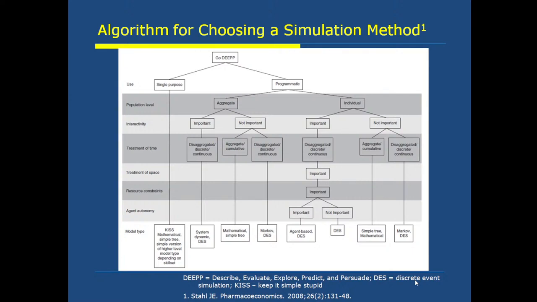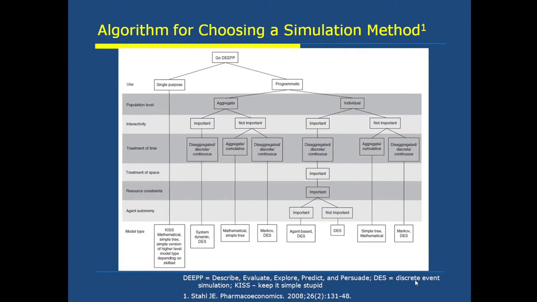Then we need to estimate the population level: is it aggregate or individual? Then interactivity: is it important or not important? Then treatment of time. We need to consider treatment of space if it is important, and resource constraints if they are important also.